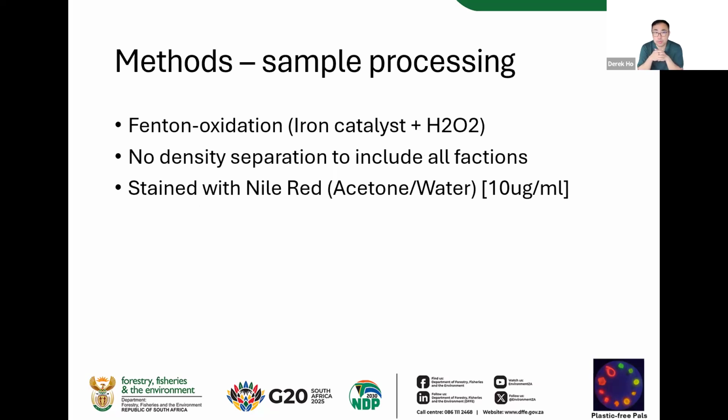For our sample processing, we use Fenton oxidation. We didn't use any density separation, so I have to include all the fractions. And the way I circumvented that issue was quite interesting, because I used an oversized filter and did everything within the filter itself. I then stained it with Nile Red in acetone and water at 10 micrograms per mL.